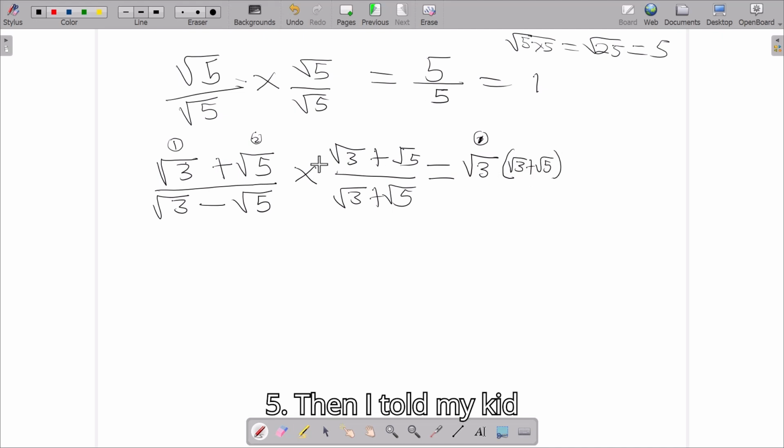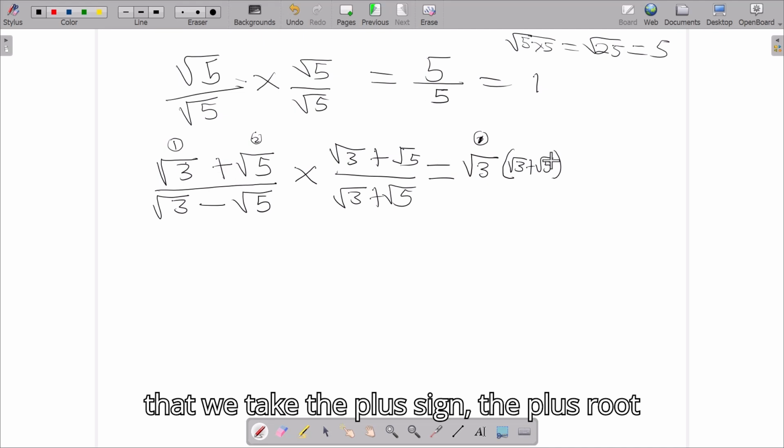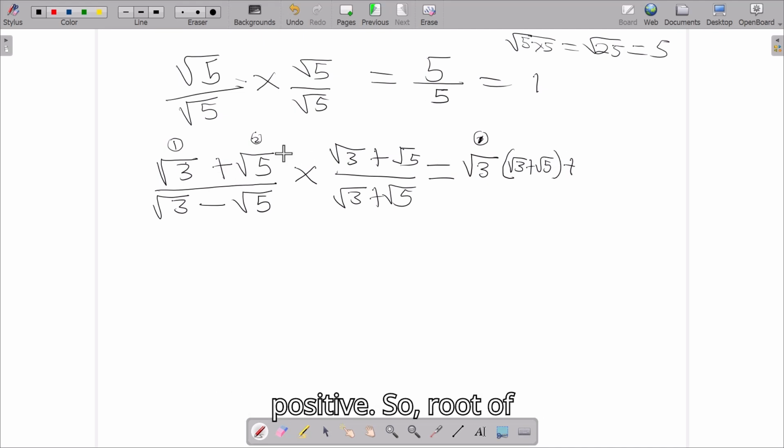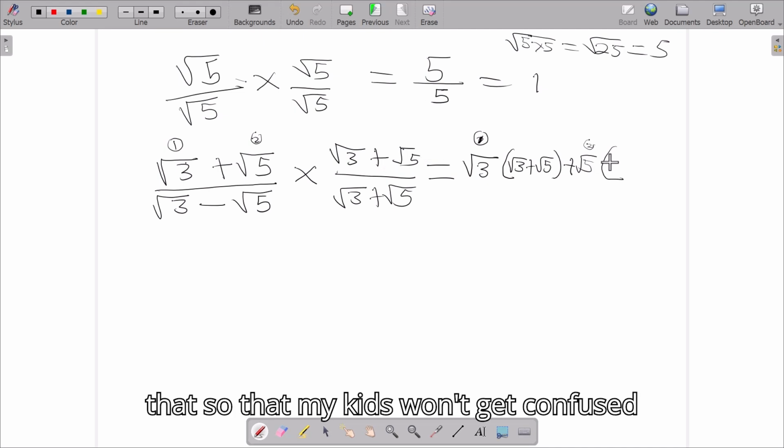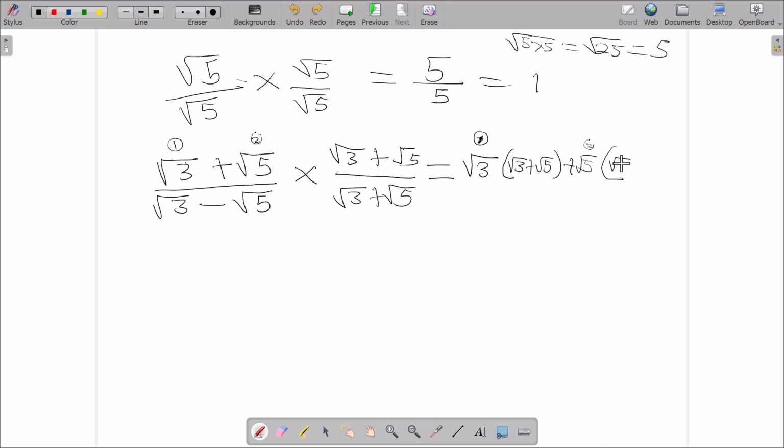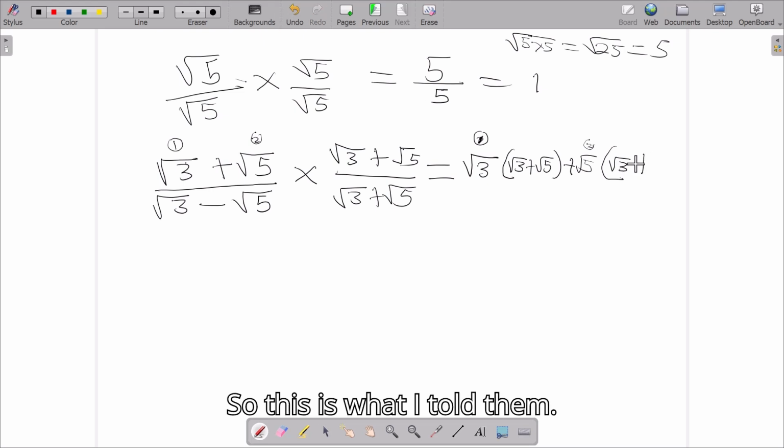Then I tell my kids that we take the plus sign, the plus root, which is the second one, which is positive, so root 5. This is 2. Then bracket again, then we take all of it. I do that so that my kids won't get confused on expansion of radicals.